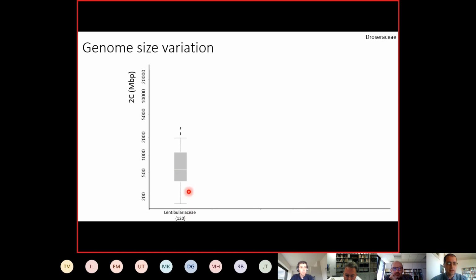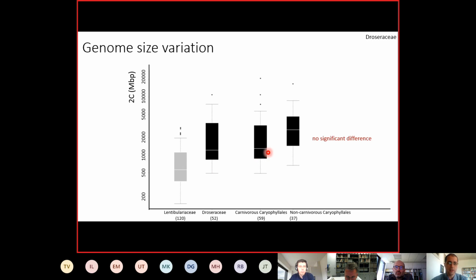This you have already seen, the family Lentibulariaceae, and this is Droseraceae. As you can see, the genomes of Droseraceae can be quite large, but even small, but far from being miniature as in Lentibulariaceae. When we add some other species from carnivorous Caryophyllales, we can compare them with other non-carnivorous Caryophyllales. You can see that the difference is visibly not very large, and indeed it's not significant.